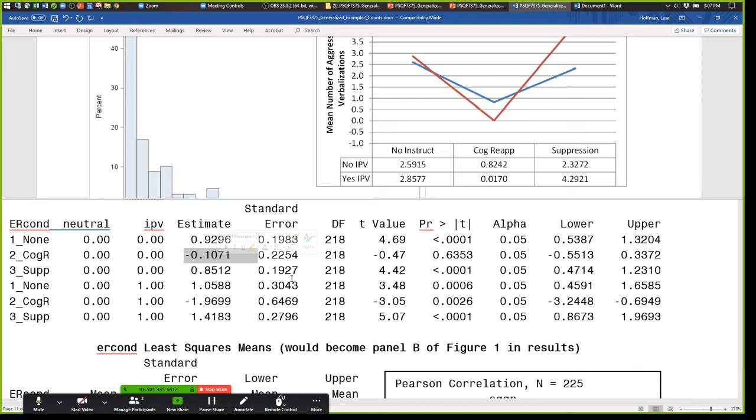Can I have a negative count? No. Can I have a negative log count? Yes. Which is this? This is log count. Estimate is a model-based mean. Predict XB, or model predicted log count.